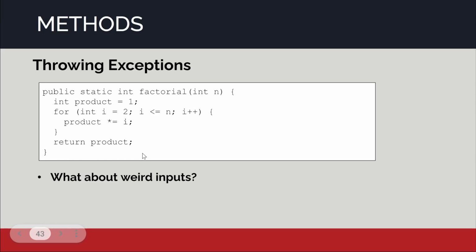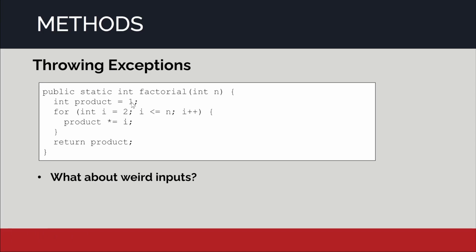What should happen if someone enters 1? Well, 1 isn't necessarily the weirdest input, and we've already talked about what happens there. If 1 is input as n, then the loop doesn't execute and we just return 1. That's exactly what we wanted. But what about the case where n is 0?